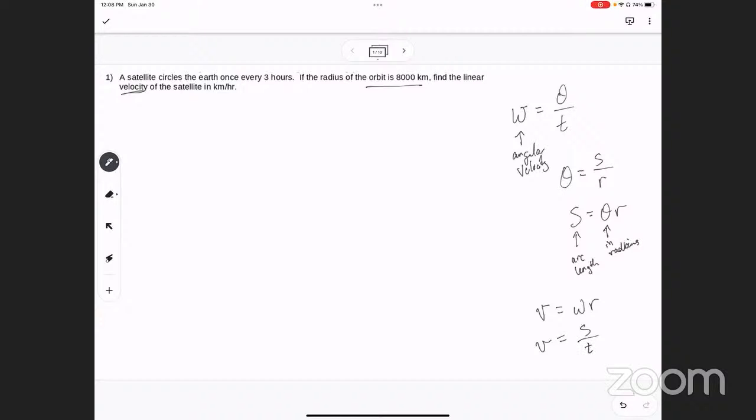And remember, S is R times theta. So you could do R times theta over T. And W is theta over T. So you could have also said that right there. You see how all those things kind of mix together? So it just depends on what you're given to know which of these formulas you're going to use.